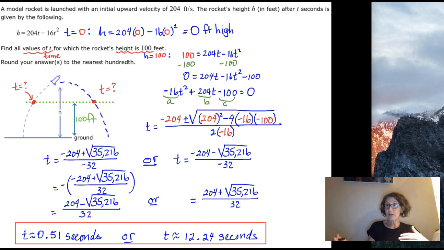Or sometimes you might have two answers. So if you're looking for when it passes through a certain height, it's usually once on the way up and once on the way down. So these are all quadratic equations, something being thrown off of a building or something being launched from the ground. They're all basically the same. And so in each one of these, you plug in a number for h and you solve it for t.